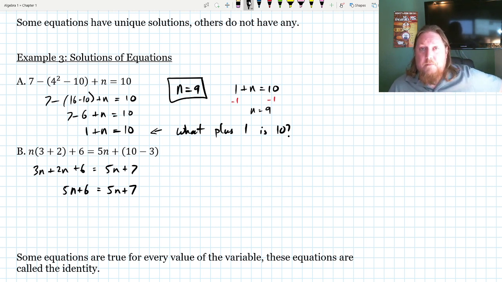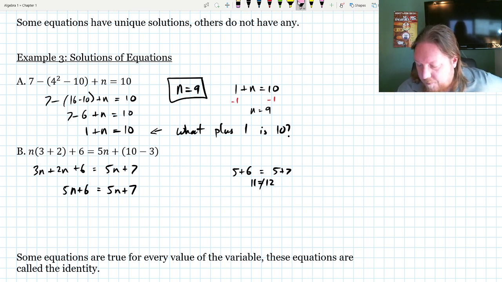This is a problem. No matter what number I plug in for n, let's try 1. 1 times 5 is 5 plus 6 equals 1 times 5, which is 5 plus 7. Well, there's no way that 11 will ever equal 12. If I plug in 2, it's not going to work. If I plug in 3, it's not going to work.